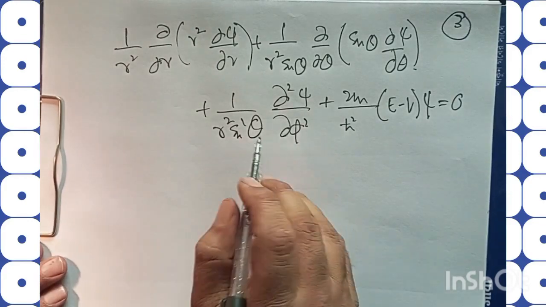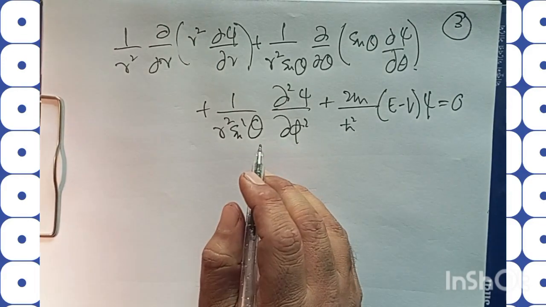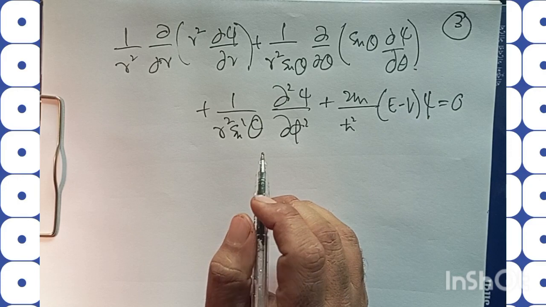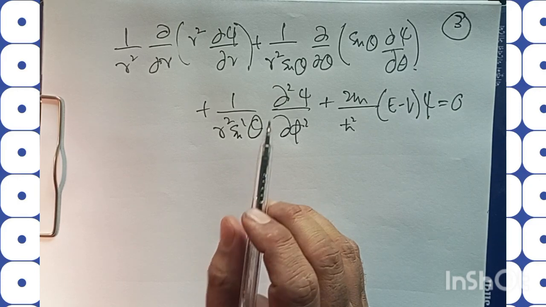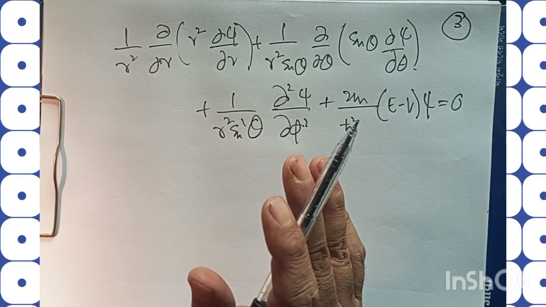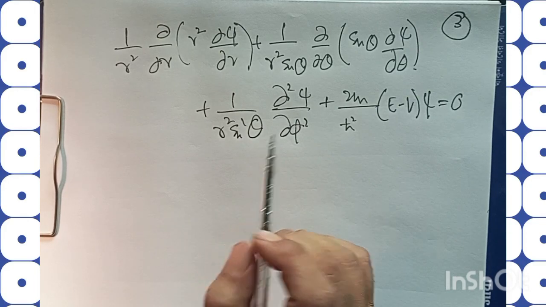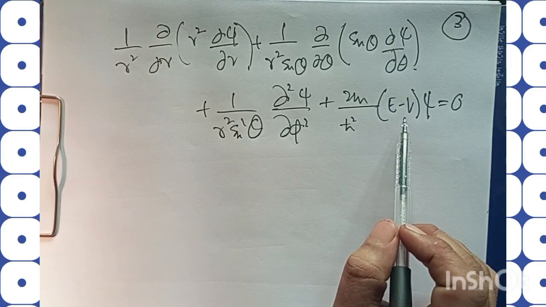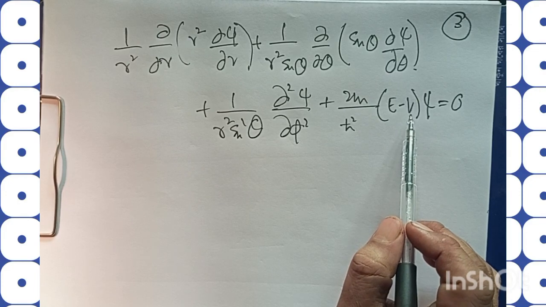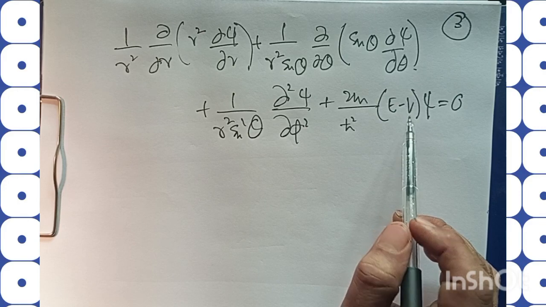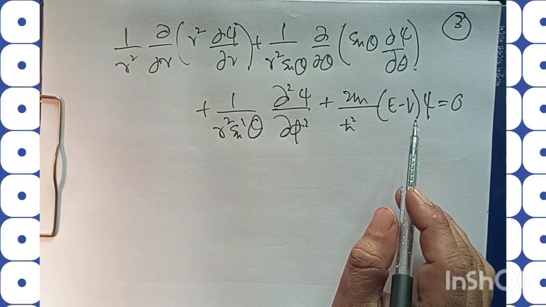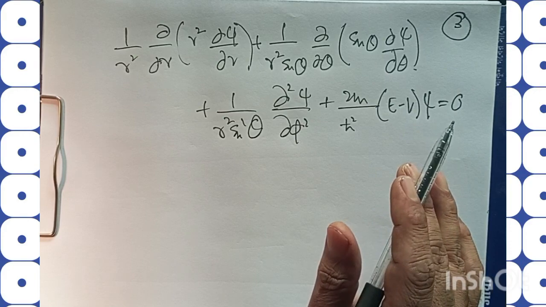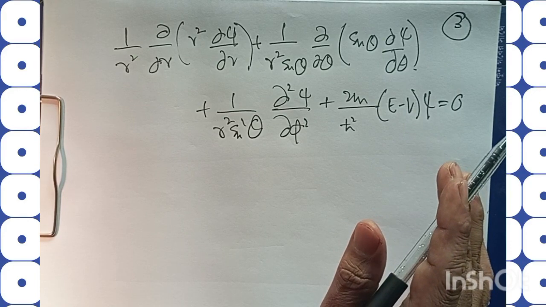So this is Schrodinger's wave equation in polar coordinates, and in this equation we should be able to substitute the value for V, which is purely in terms of the radius vector r, and when we do that, we will have the equation that we are interested in.